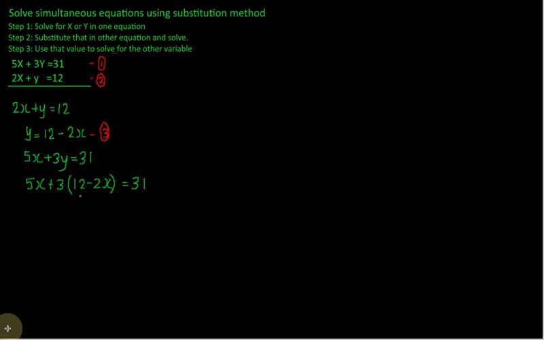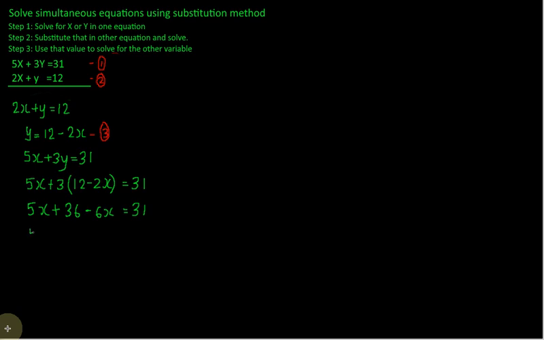Now I am going to solve the brackets here, that is 5x plus 3 times 12 is 36, minus 3 times 2 is 6x, equals 31.